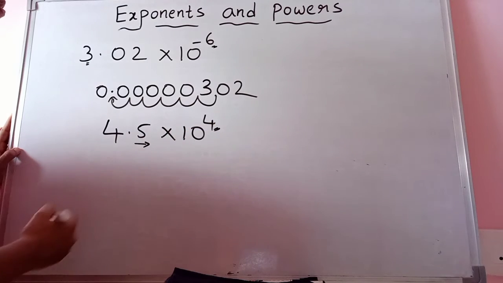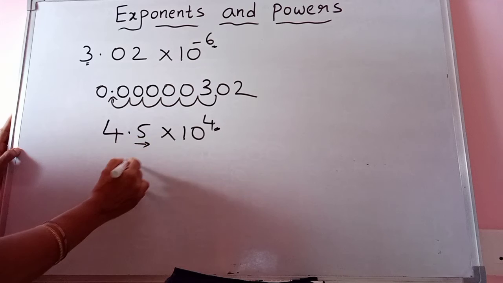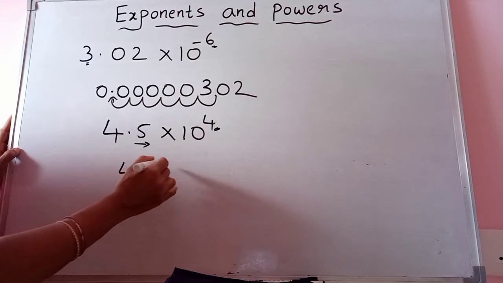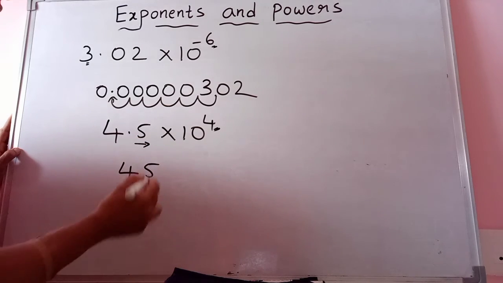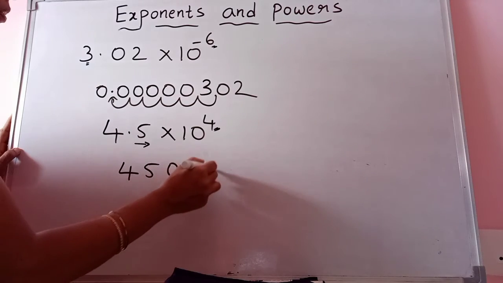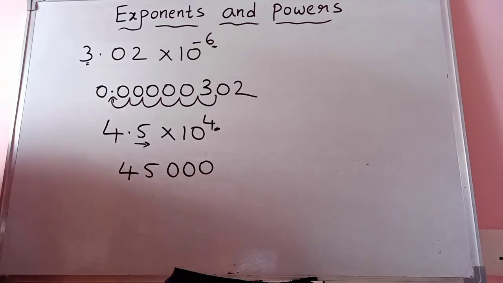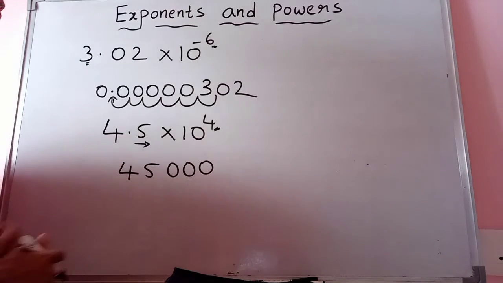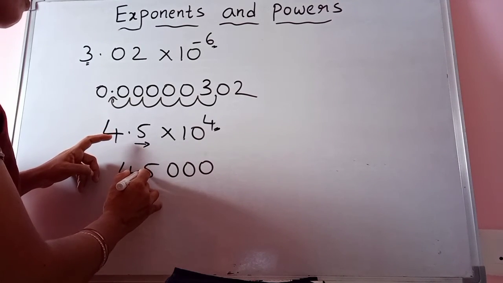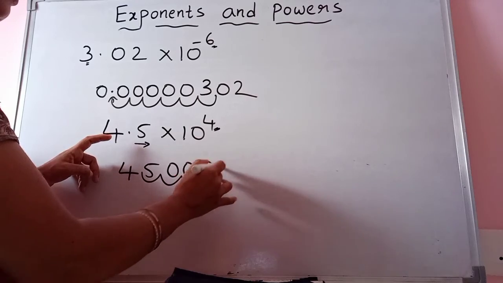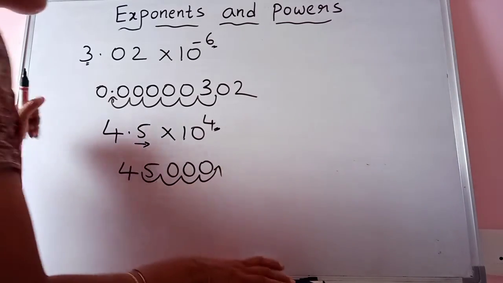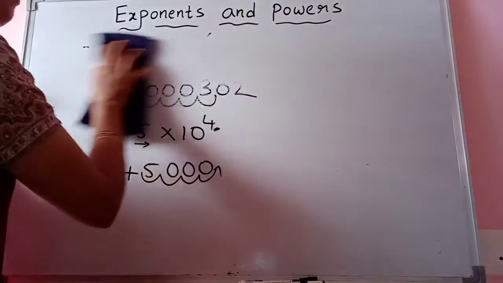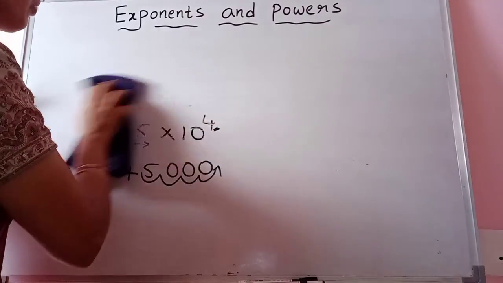How many places are we shifting the point? 4 places, but one digit is already there, that is 4 and 5 after, so 3 more zeros we need to write. Okay, 45,000. 4.5 into 10 raised to the power of 4 is 45,000. Here we shifted the point 4 places. Okay, let's take some more examples, then it will be very clear to you.